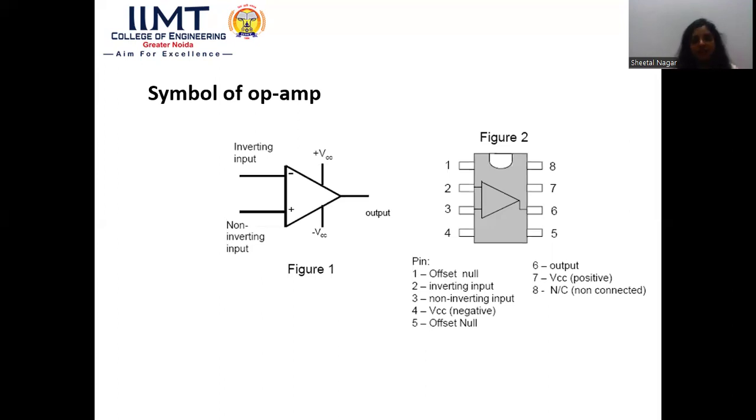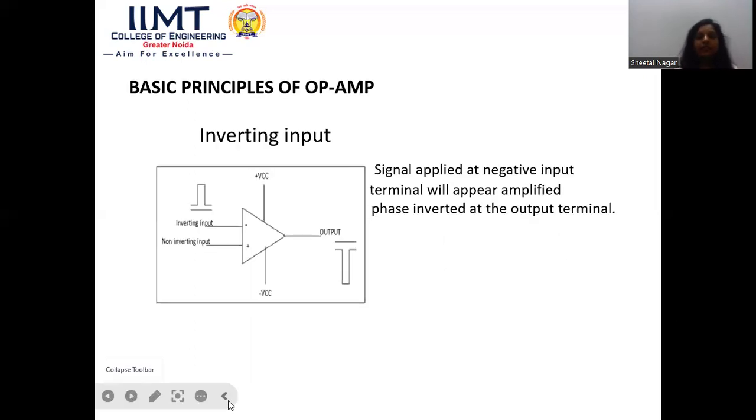The input terminals, inverting input and non-inverting input, are at pin number 2 and 3 respectively. At pin number 6, we have our output terminal. Pin number 7 and pin number 4 are used for the positive and negative DC supply, pin number 1 and pin number 5 of this IC are used for offset null, and pin number 8 is non-connected, meaning we do not connect it with anything.